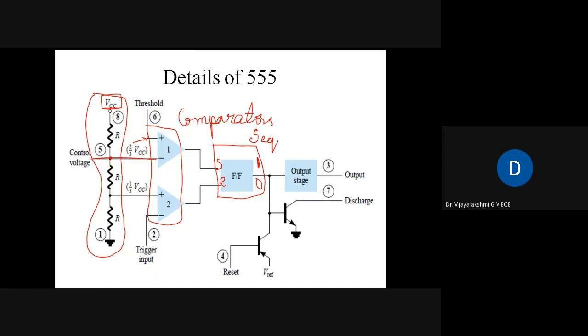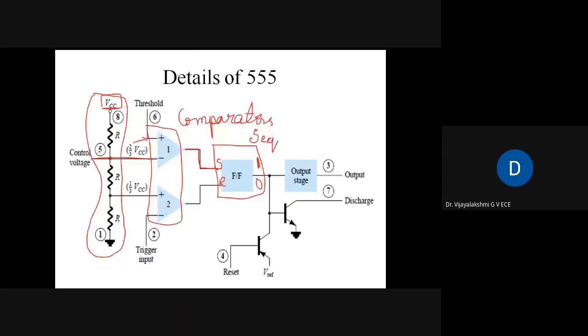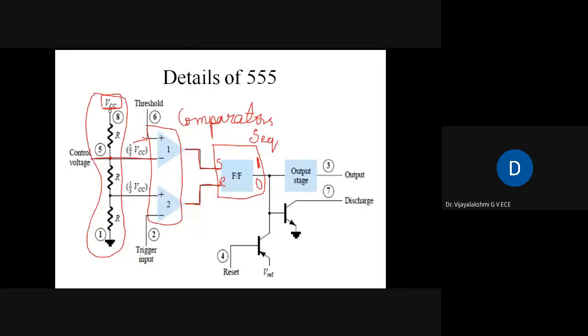outputs of the comparator. You can see this set is getting its input from comparator 1 and this reset is getting its input from comparator 2. So these two comparators, after comparing, can either set the flip-flop or reset the flip-flop.